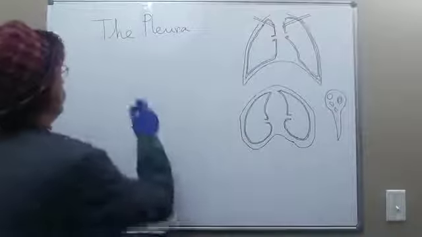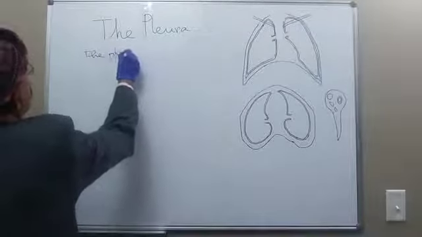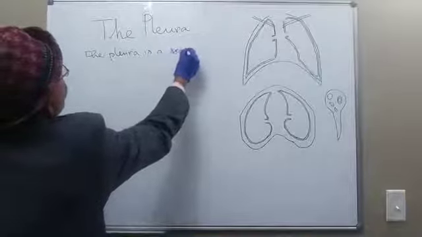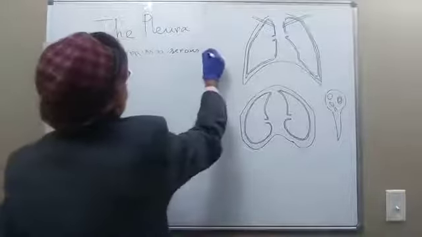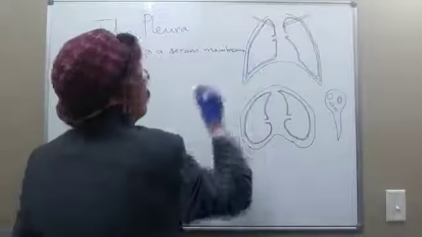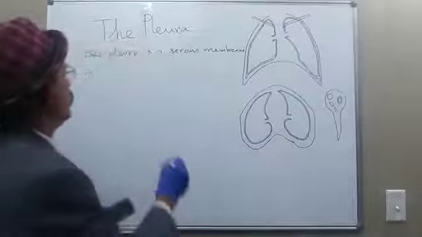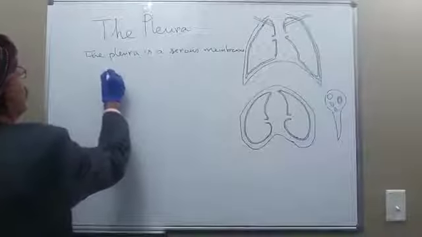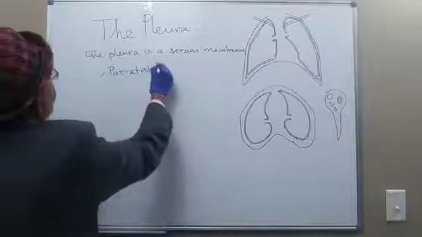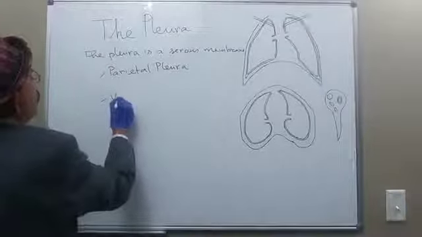So the pleura is a serous membrane. It has two parts, two components: parietal pleura and visceral pleura.